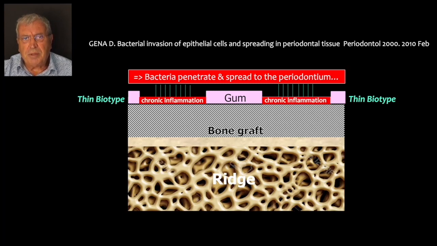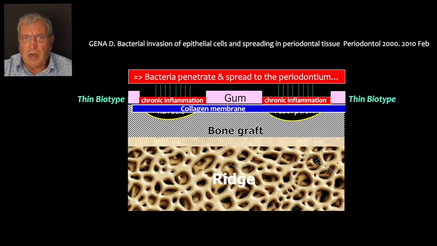And we know what happens in chronic inflammation: a chronic release of inflammatory cytokines, leading to oxidation. And then we will meet fibrosis or resorption or both.